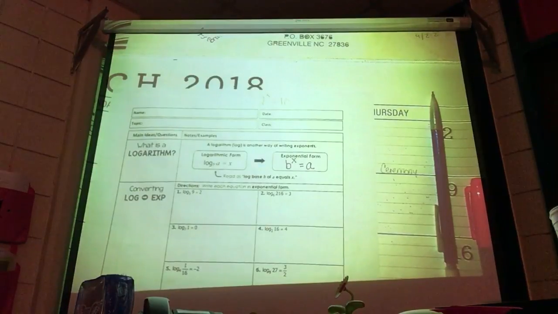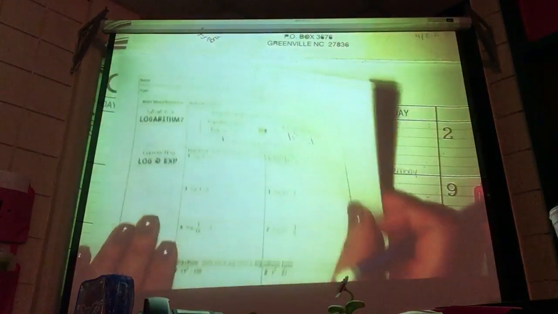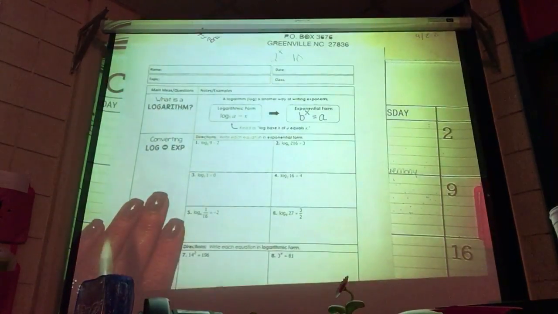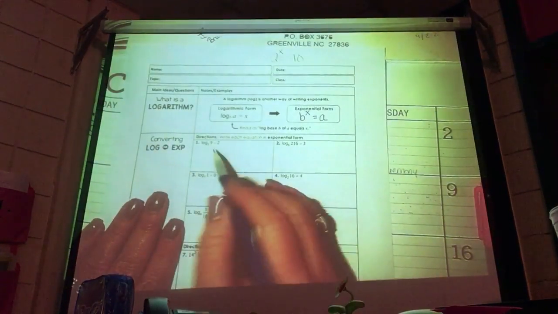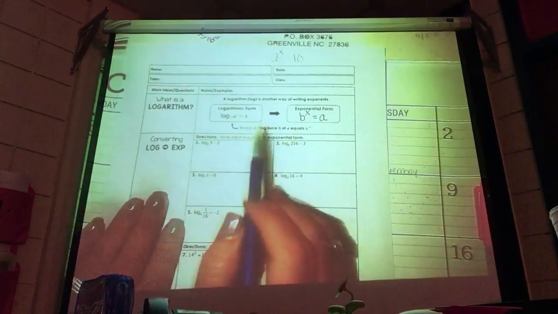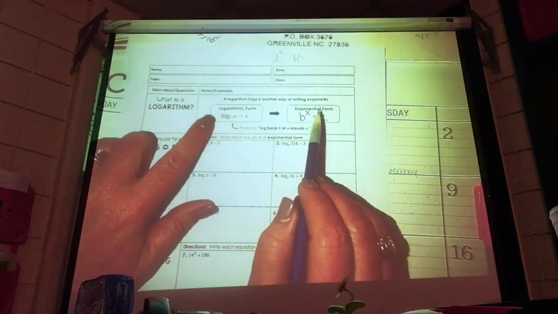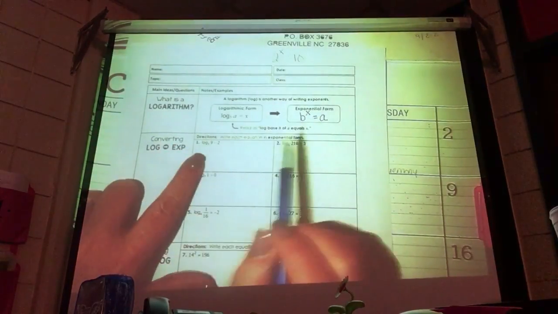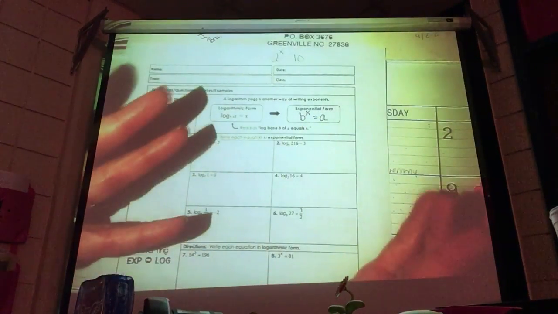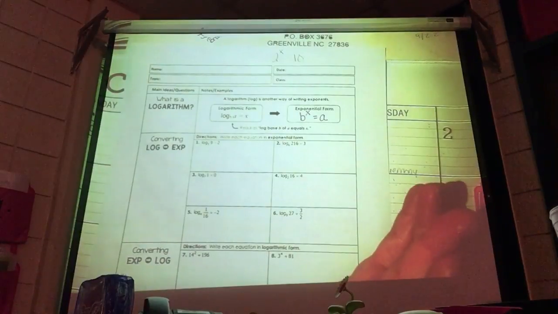All right? So, right here, converting log to exponential form. What we are doing here is we are going to make log form look like exponential form. We use this thing called Loggy Froggy. I didn't invent it. I'm just showing you what it is, okay?